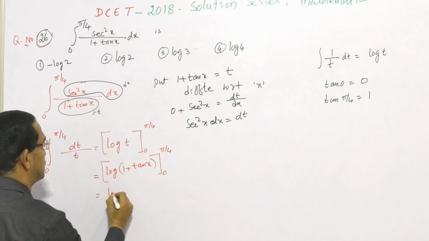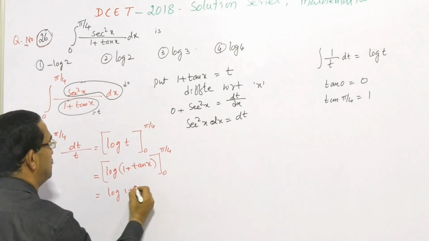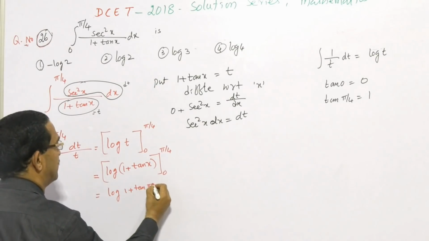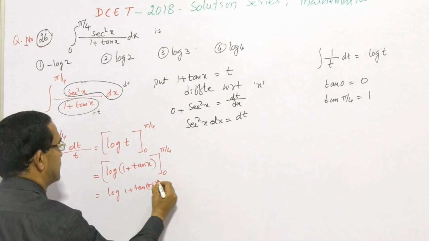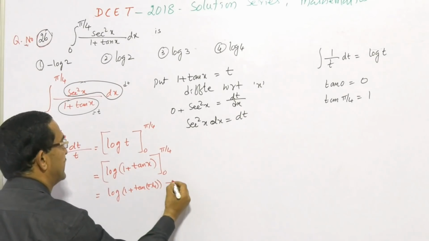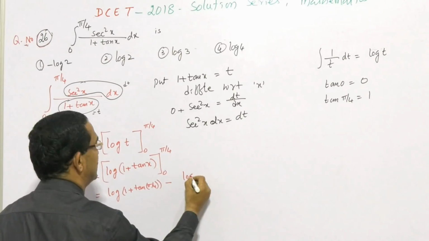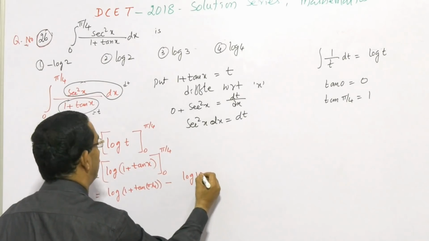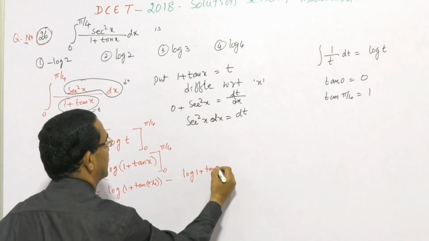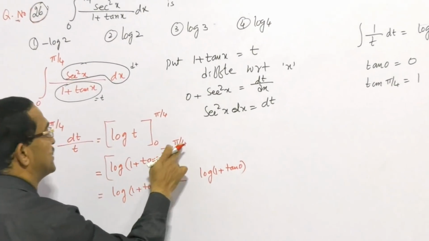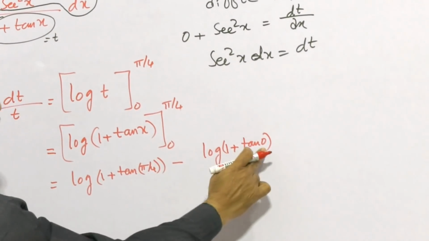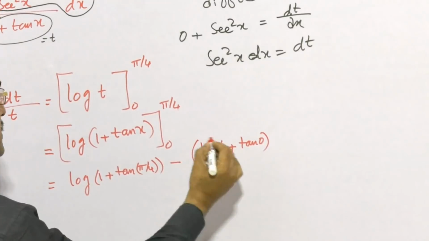So that is equal to logarithm of 1 plus tan pi by 4, this is upper limit substitution, minus lower limit substitution, that is logarithm of 1 plus tan 0, right? Once we have to substitute the upper limit, once we have to substitute the lower limit with the negative sign.